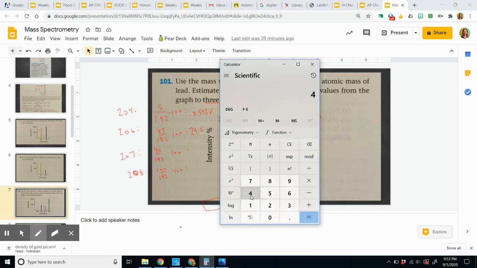We have 40 over 192. 40 divided by 192, 20.8%.